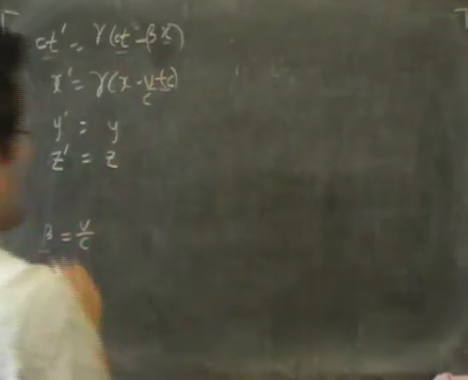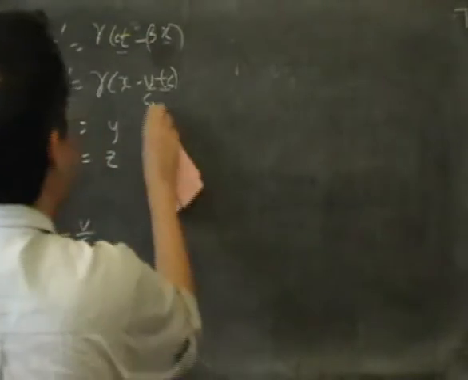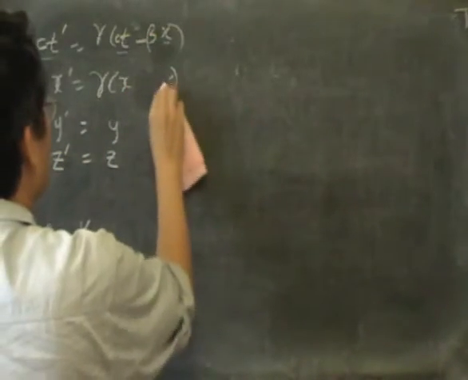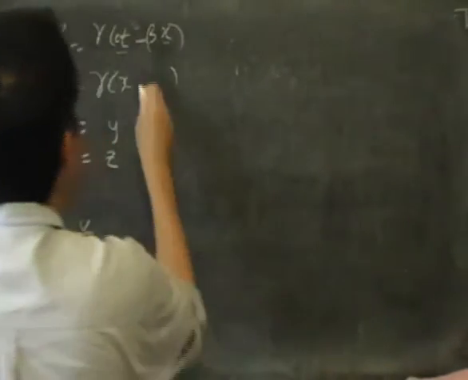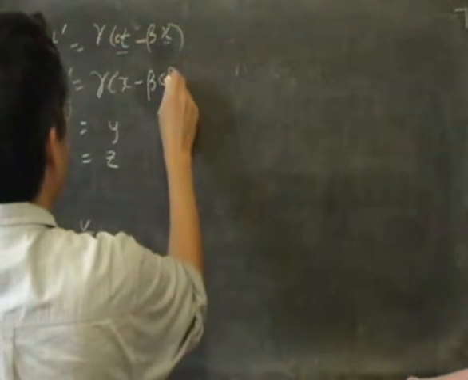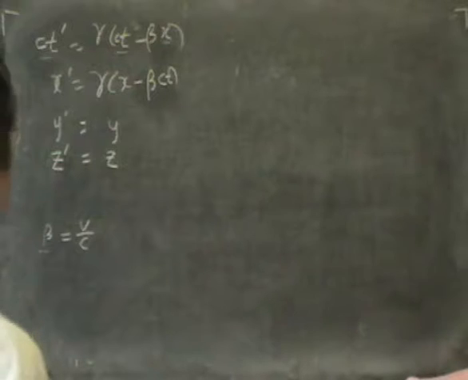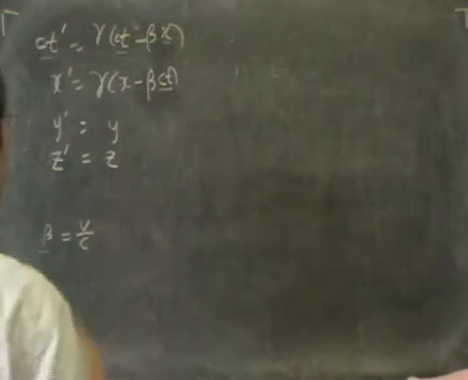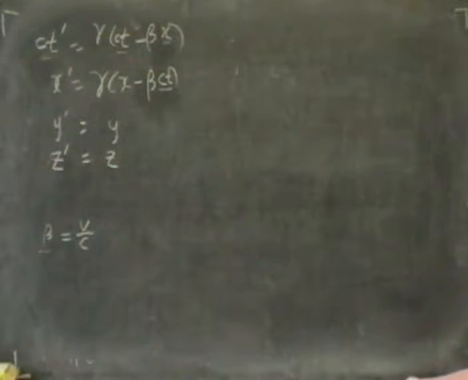So that becomes beta, and this becomes beta times ct. Okay, so these are the new symbols that we're going to use.